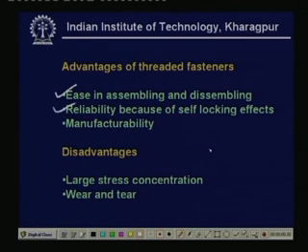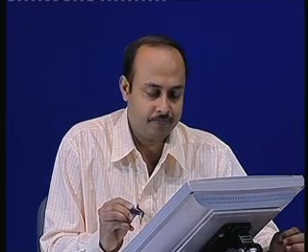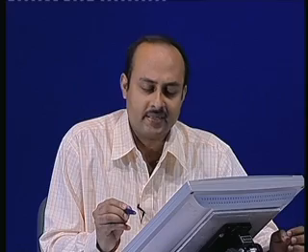Then manufacturability, which is a very important factor for design, as you have already learned. The threaded fasteners are manufactured in great lots, in a large amount, in a very standard way. There are various standard techniques for manufacturing threaded fasteners.